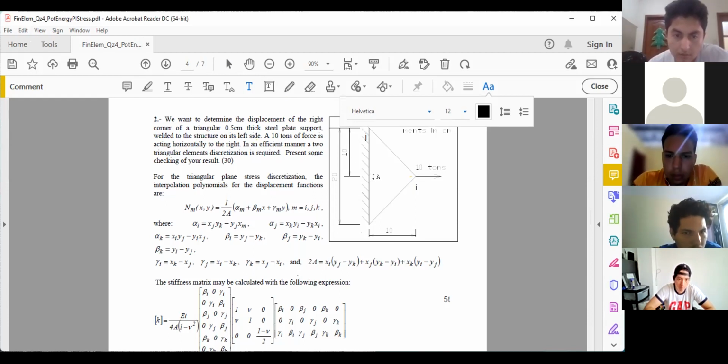So here I have my K there. If I want to calculate gamma I, this is the formula that I need to apply. Tell me, what is XK?